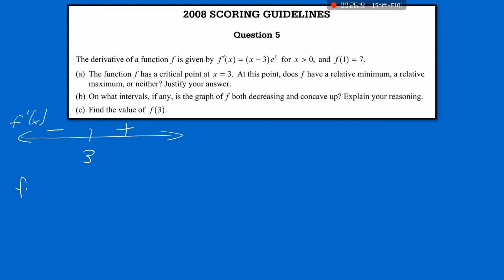We also started the second derivative test on the left side, so we said f prime prime is equal to e to the x plus x minus 3 e to the x. Or if we simplify, that's x minus 2 e to the x.